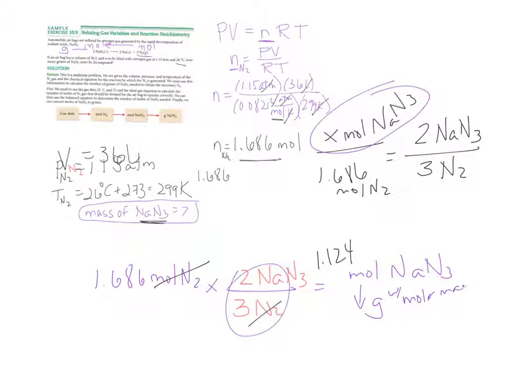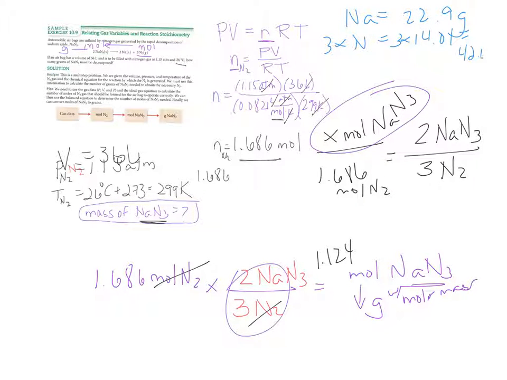So now I need to find the molar mass of sodium azide. We'll do that in blue maybe, up in the corner. So sodium, I don't have a periodic table handy. It's about 22.9 grams, I think. So we'll go with that. 22.9 grams. And nitrogen is 14.01. We have 3 times nitrogen, so that's 3 times 14.01, which will equal 42.03.